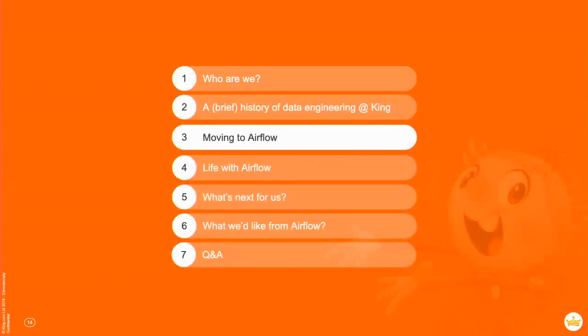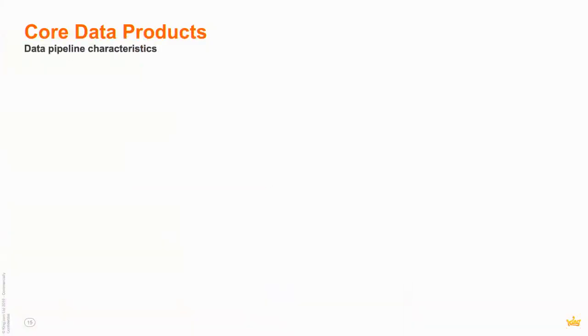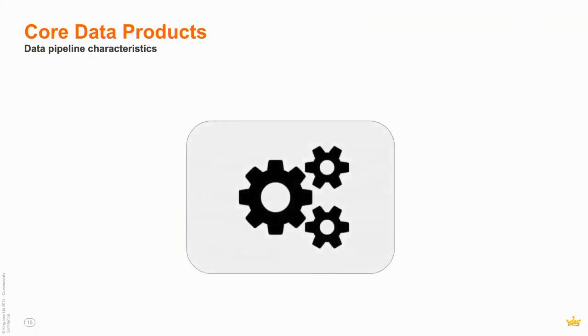So let's talk briefly about moving to Airflow. From my team's perspective, when we look at the characteristics of the data pipelines that we produce, what do they basically consist of? Well, we have roughly about 50 data pipelines running, and typically they're running on a very traditional batch cycle every day in the early hours of the morning.